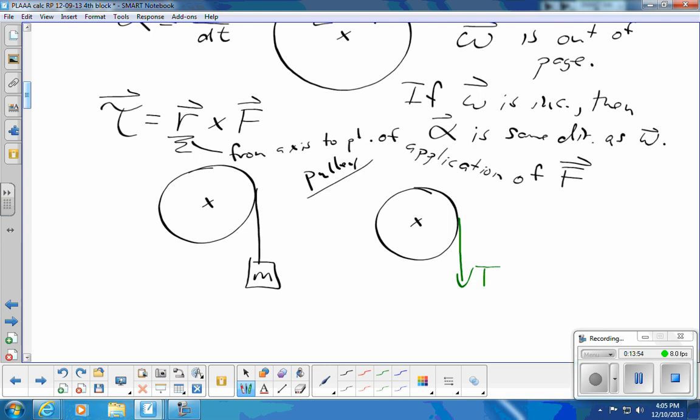And so in this case, that vector, the R vector, is going to go from the axis of rotation to the point of application of that tension force. That's R. Okie doke.